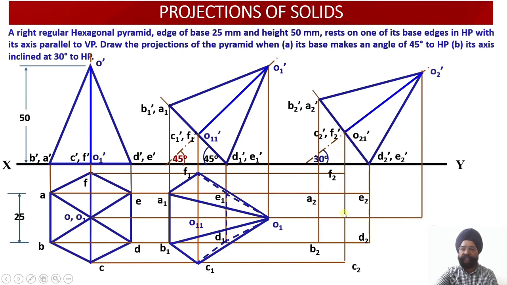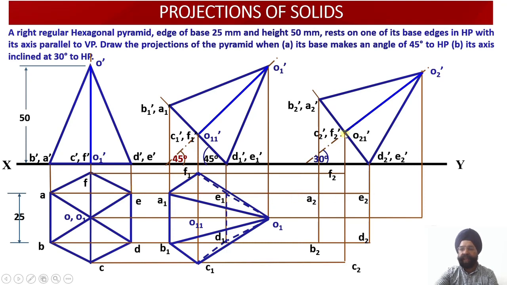Similarly, vertical projector through C2 dash and the horizontal projector through C has provided us with C2, and D2 has been obtained as the point of intersection of vertical projector through D2 dash and horizontal projector through point D. Similarly, the E2 point is the intersection of vertical projector through E2 dash and horizontal projector through point E over here.